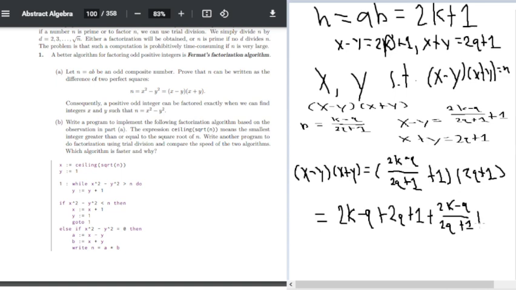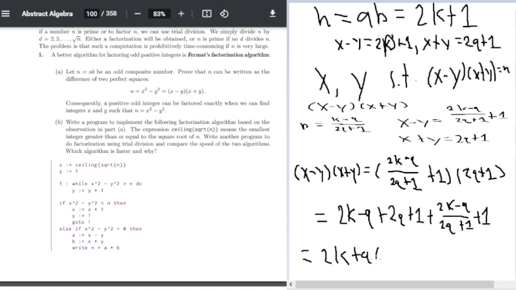Which is equal to 2k plus q plus 2, plus 2k minus q over 2q plus 1, times 2q plus 1. So we have that.